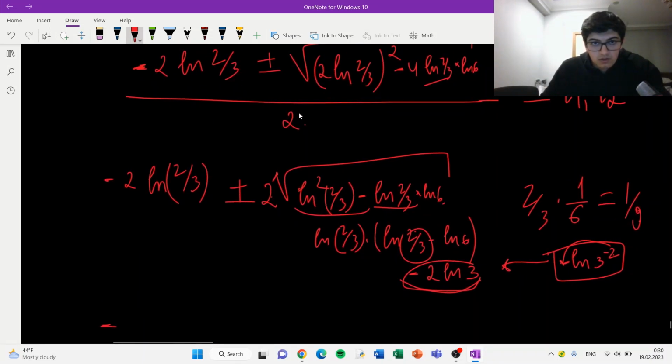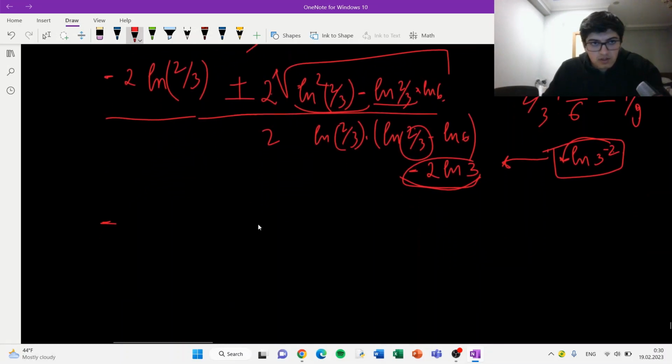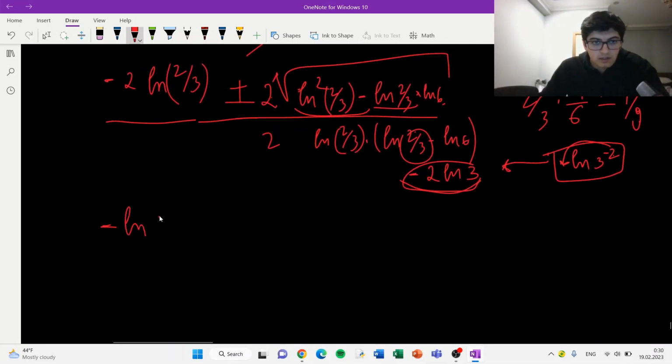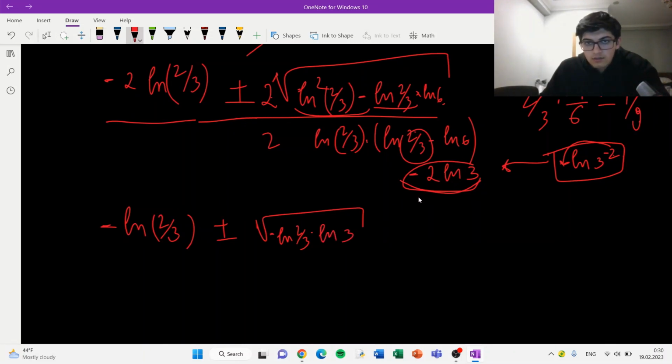We can cancel out these two terms, because we should divide this one by 2, and write it: minus ln 2 divided by 3 plus minus square root of ln 2 divided by 3 multiplied by minus ln 3. We cancelled out two terms, no need to write it. This is the solution for t1 and t2.